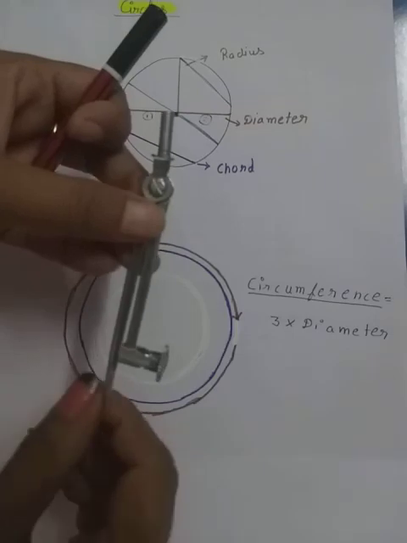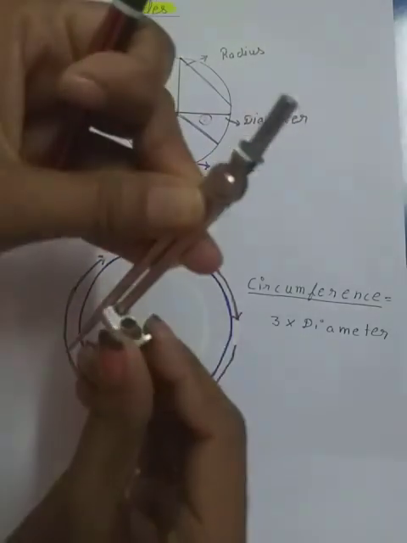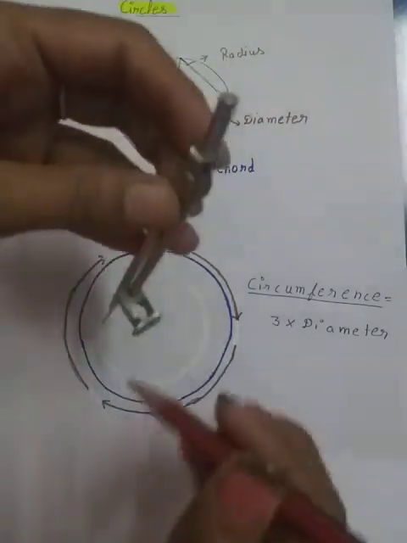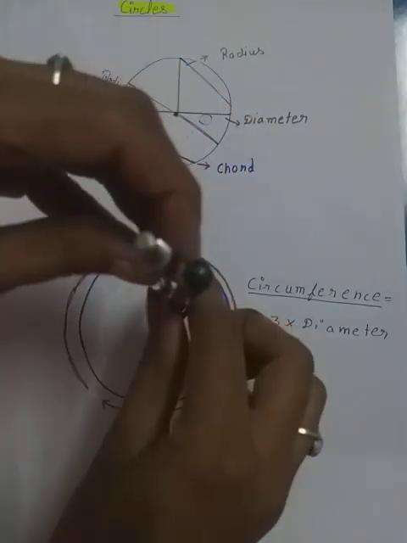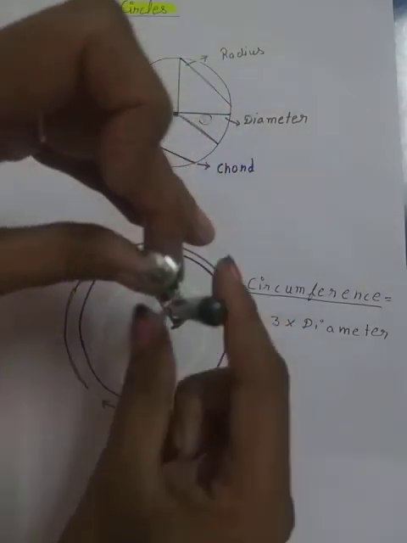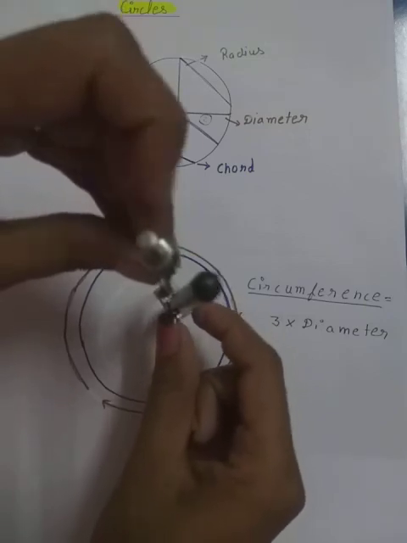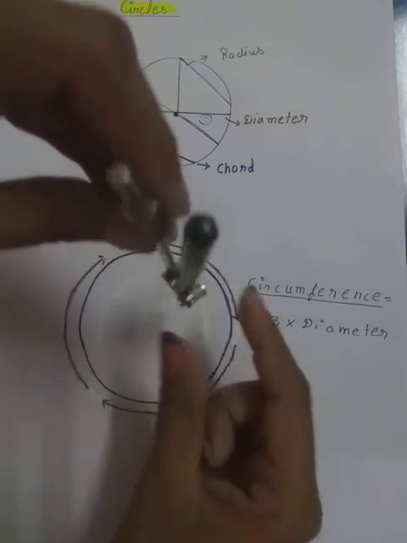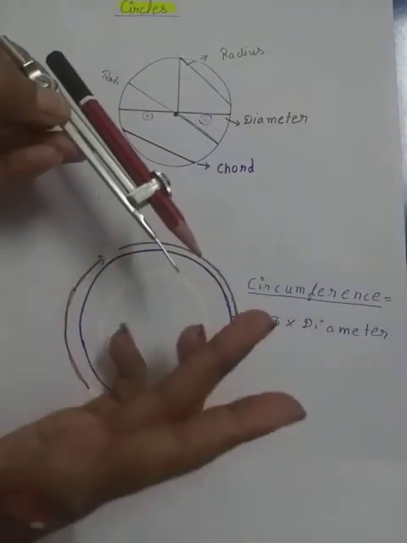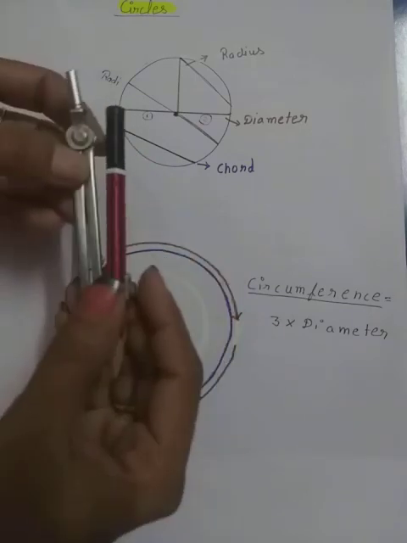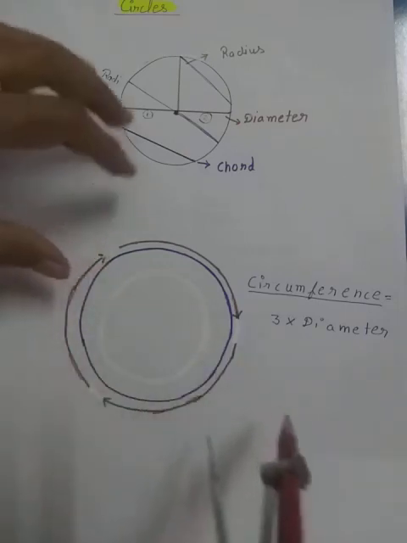We have this compass. First of all, we will open this, insert our pencil, put it at a point and close it. These points should be equal, and draw a circle.